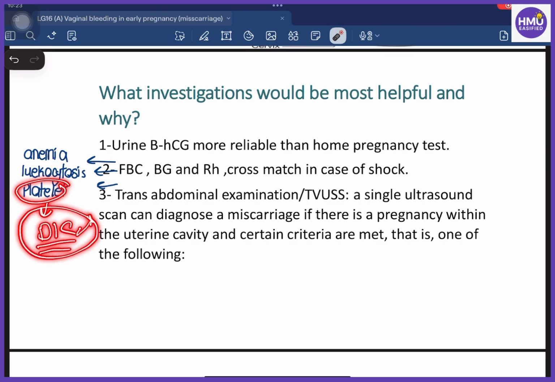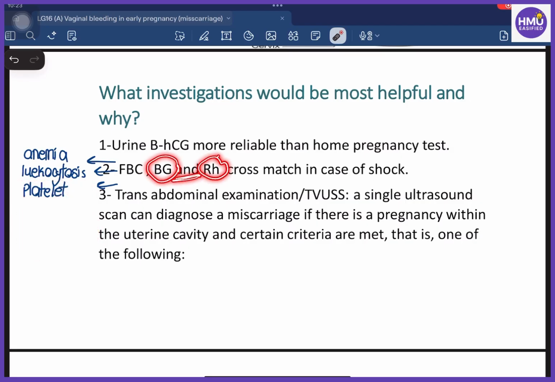Blood group and Rh, to see if the mother is Rh negative, then we give anti-D. And blood group is needed if she is anemic and needs a blood transfusion, so we cross-match in the case of shock.